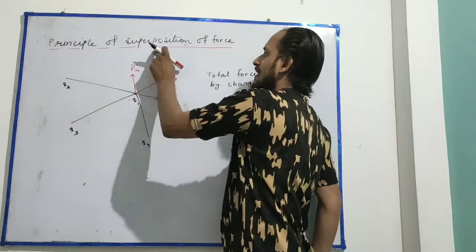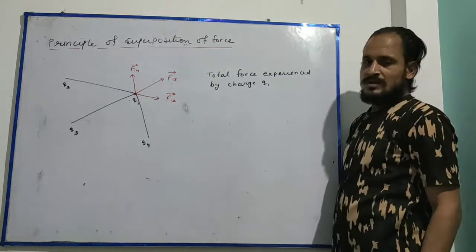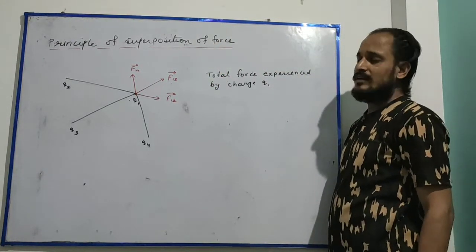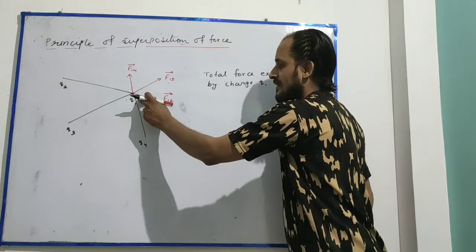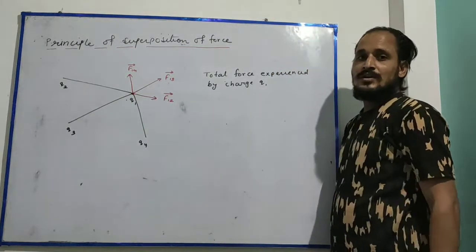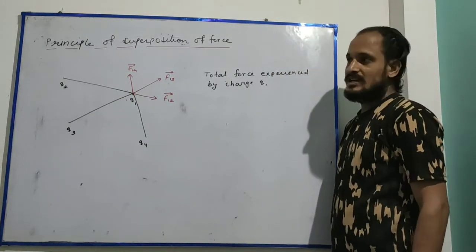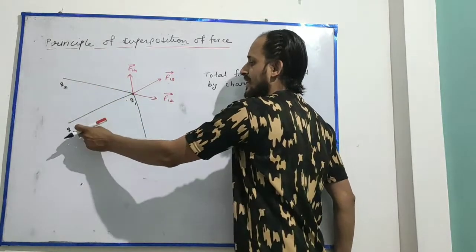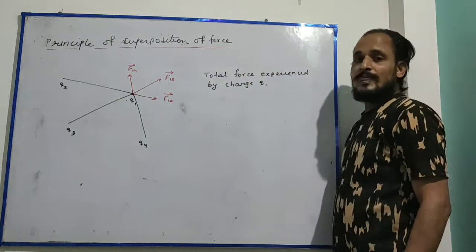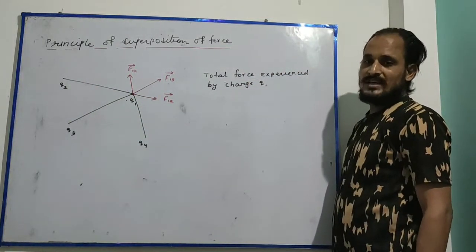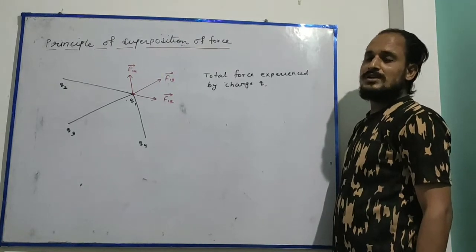This is the principle of superposition of force. One more time I will repeat: the total force experienced by a charge due to the charges present in its surroundings is equal to the vector sum of forces due to individual charges.